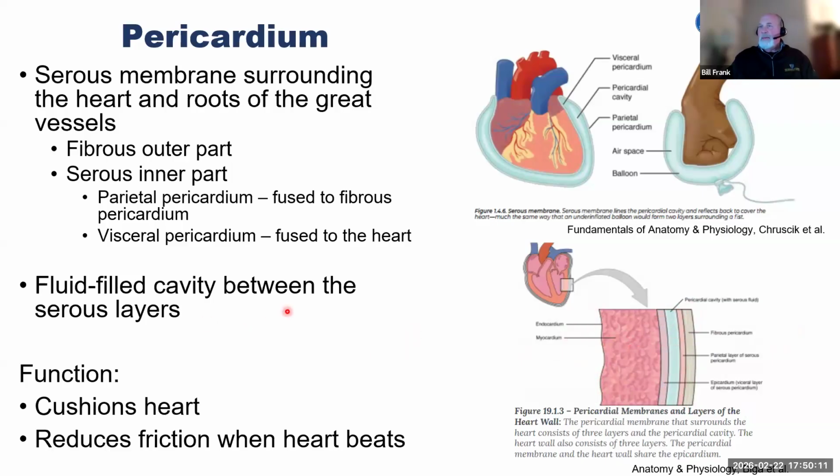So the fluid-filled cavity, again, is between the two layers of the serous pericardium, and it has two functions. It cushions the heart and it reduces friction when the heart beats.